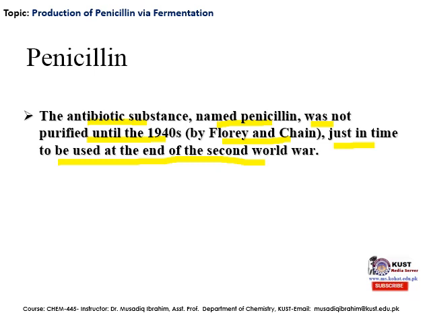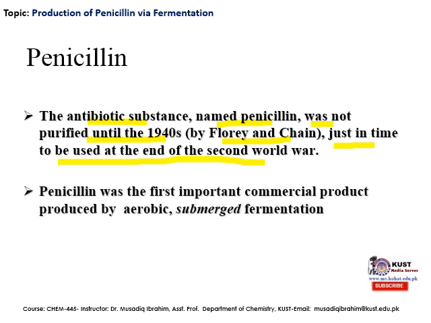It is important to note that during the Second World War there was no antibiotic available to treat the soldiers, but around 1943-1944 penicillin was available, as it was purified by Florey and Chain, and then it was produced in huge amounts by the process of fermentation, and then purified, and then used on soldiers who were suffering from different types of infections.